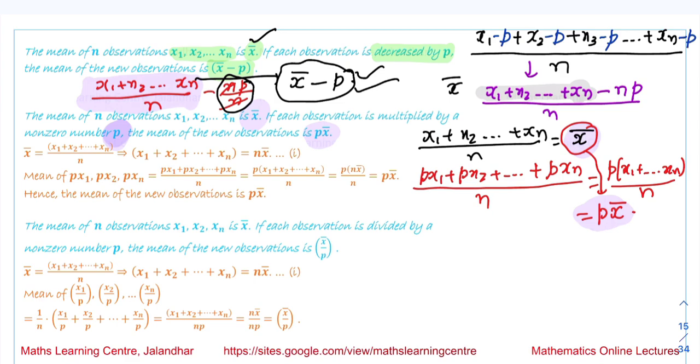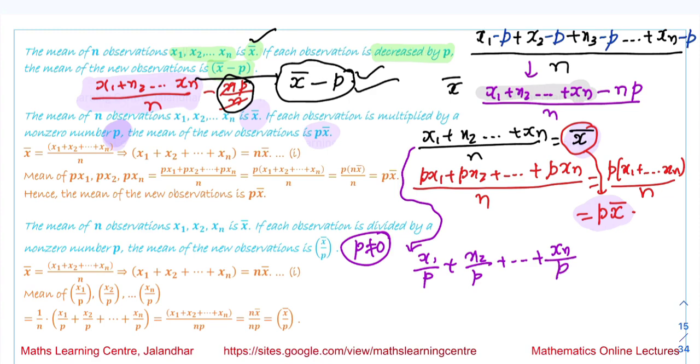Similar is the case if we are dividing each observation by p, where p is not equal to 0. So it is x1 by p plus x2 by p plus so on up to plus xn by p, divided by n. We want to calculate this value. We take 1 by p common, so it is (x1 plus x2 so on up to xn) over n.